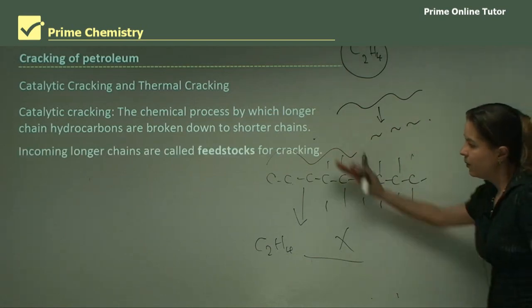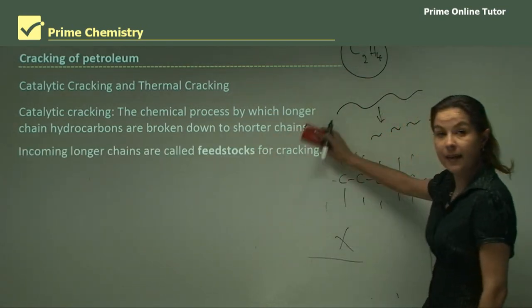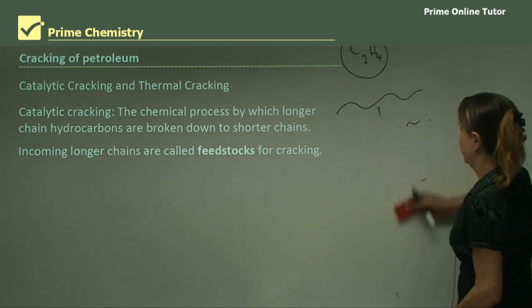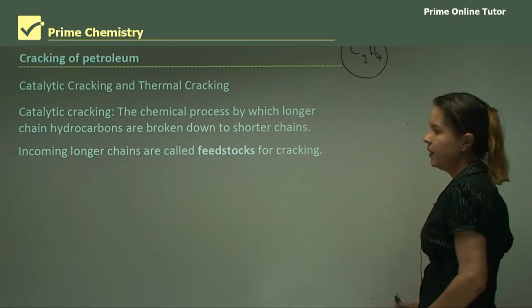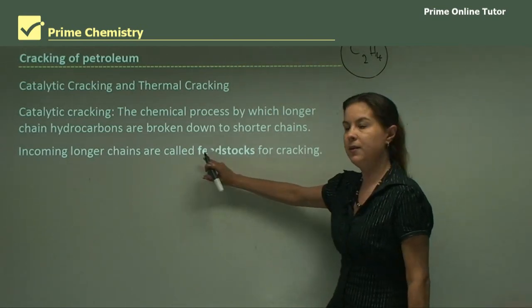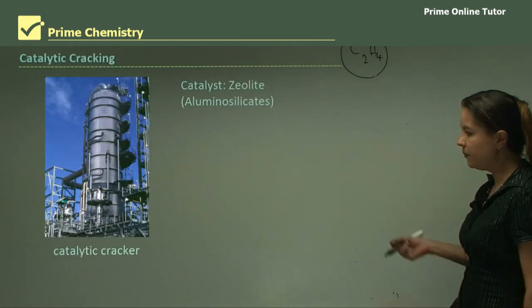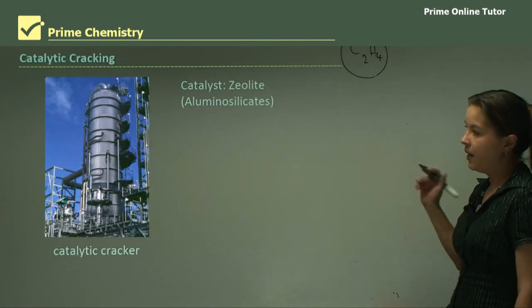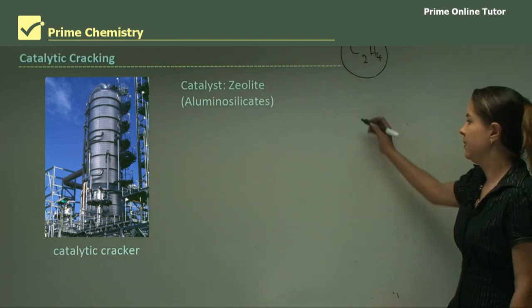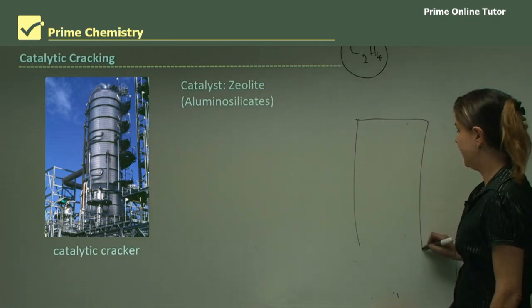Now, when we do this, we put it in the catalytic cracker, if you remember that picture of the catalytic cracker. The longer chains that go in, we call feedstocks, okay? You'll need to remember that term as well. That's an important word to remember. So here's our catalytic cracker. Our feedstocks go into this cracker, and what comes out is ethylene.